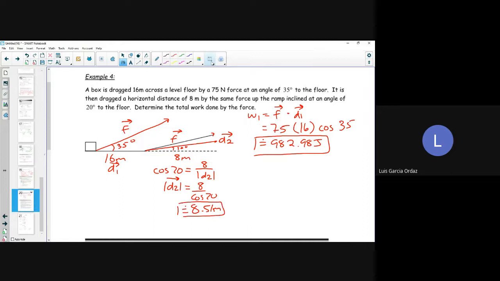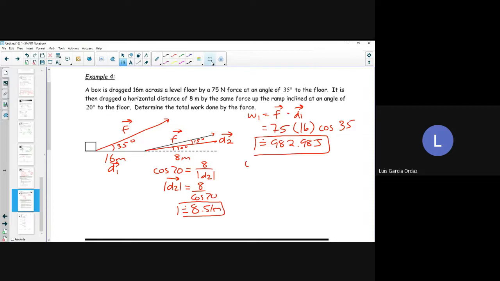So the second distance I had to drag it up is 8.51 meters. Since this is 20 degrees, this angle right here is going to be 15, which is the angle I need to use to determine my work in the second equation.